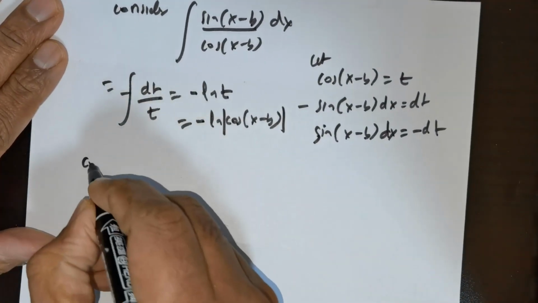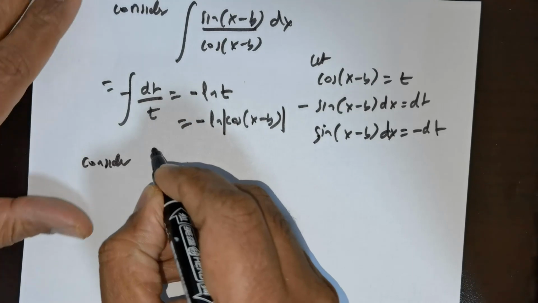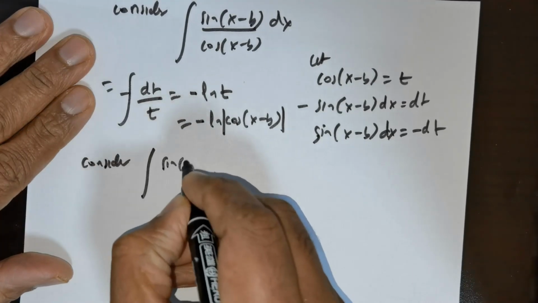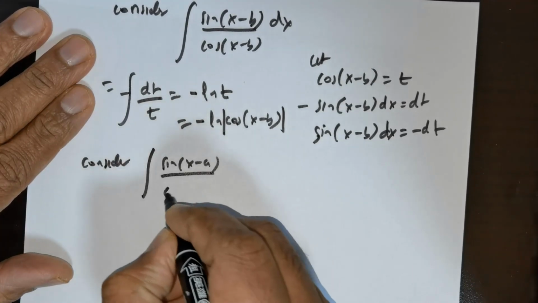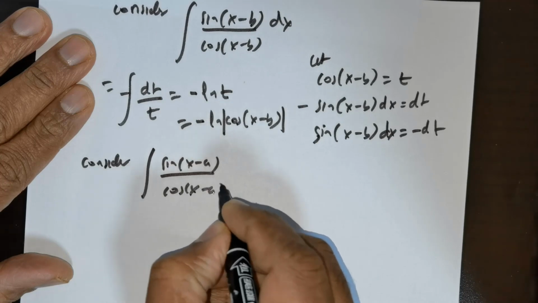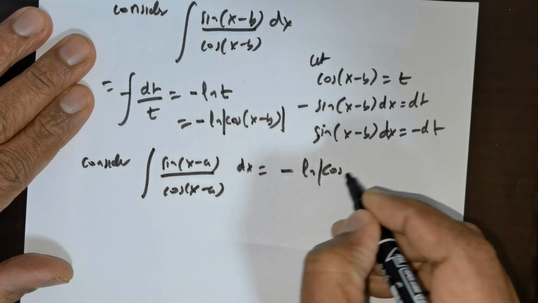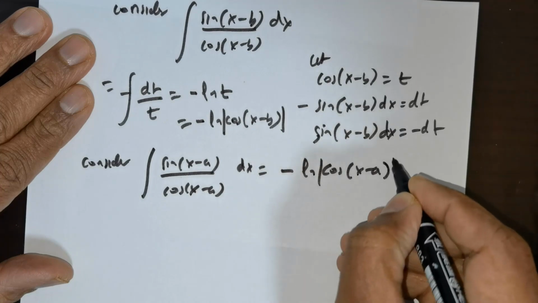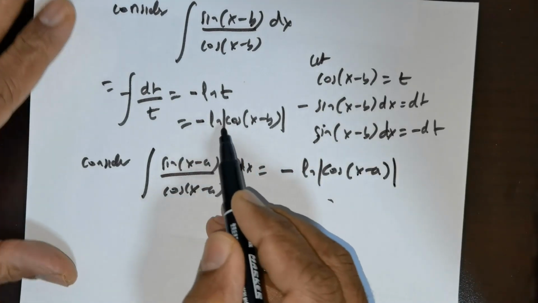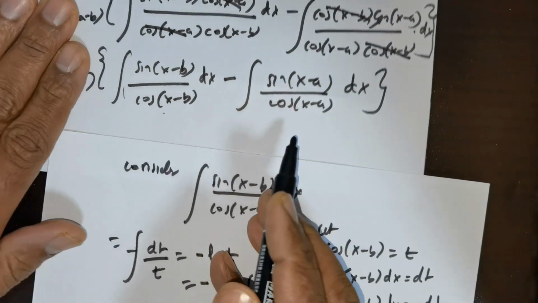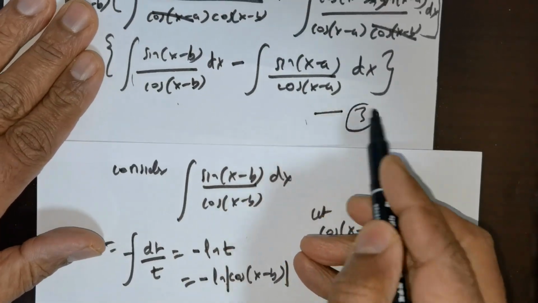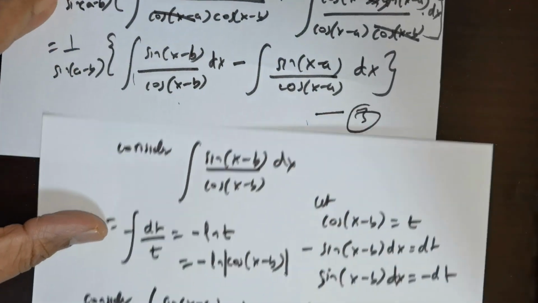Now you consider the next term. What is the next term? Consider the integral of sine(x − a) divided by cos(x − a) dx. If you were to integrate this, you get negative ln cos(x − a). So therefore this quantity, if I take it as, say, 3, I can rewrite 3 with the information that I've got now.